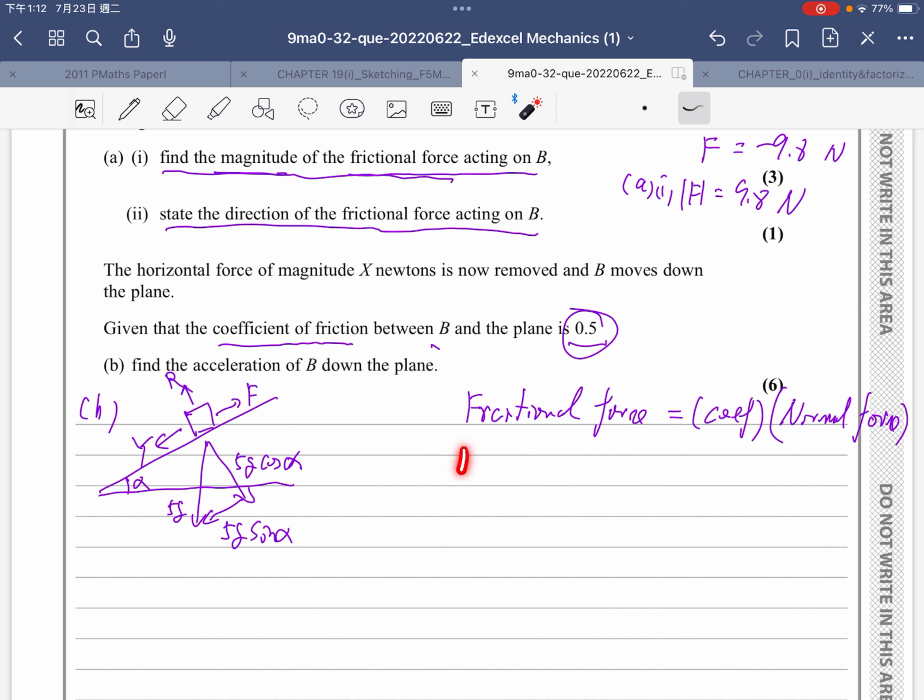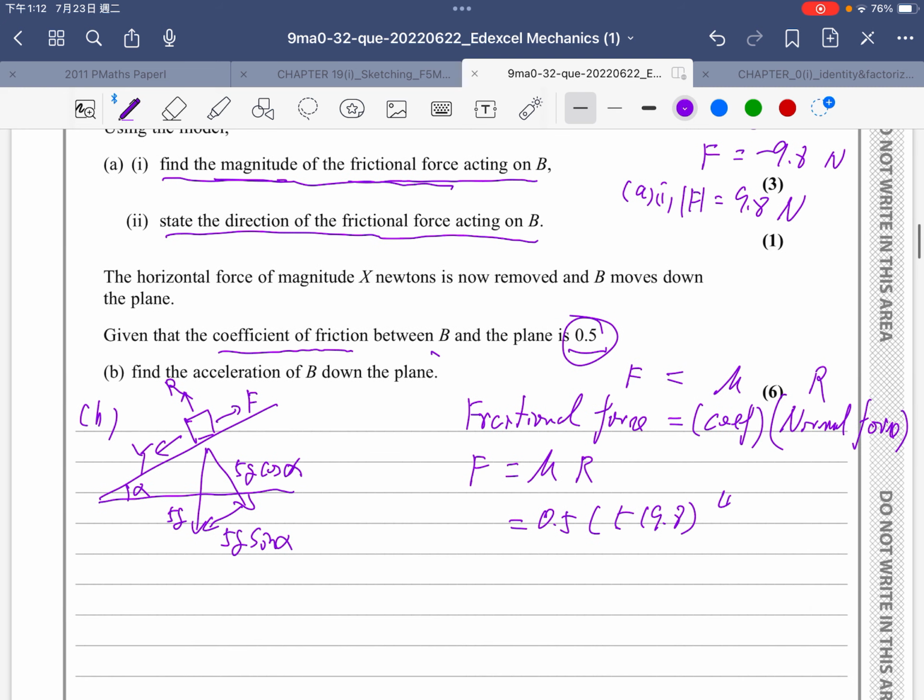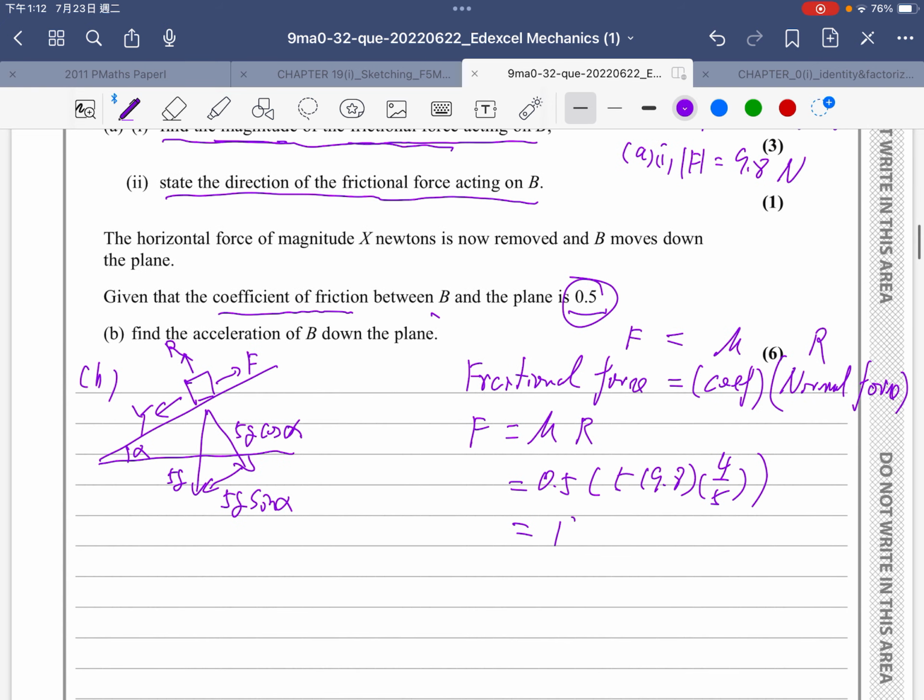Therefore, the frictional force F, denoted by mu times normal force. Mu is 0.5 and the normal force is 5g cosine alpha, with g 9.8 and cosine alpha 4/5, which is equal to 19.6 Newton.